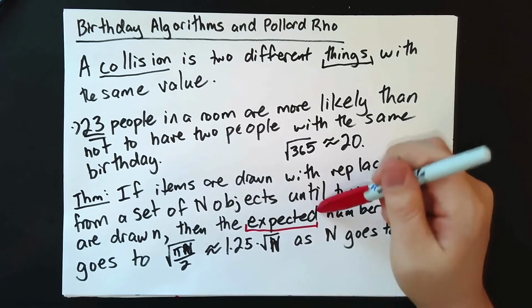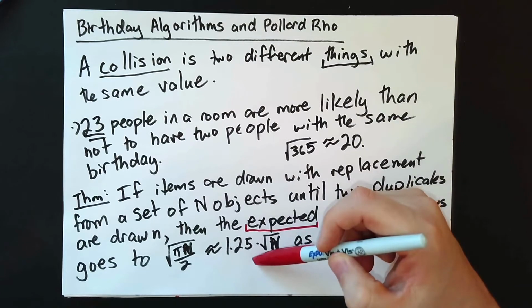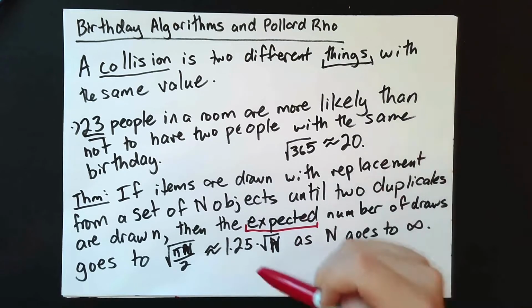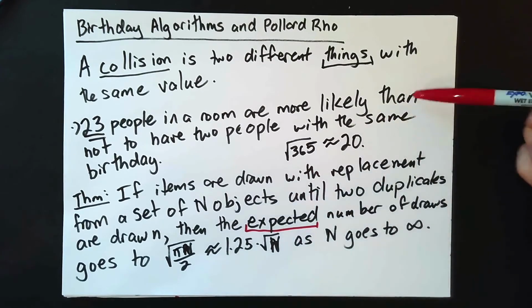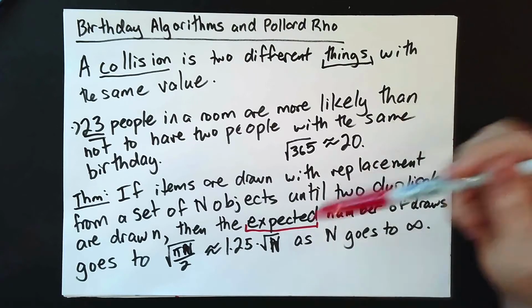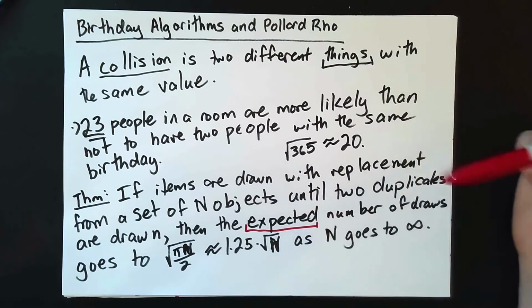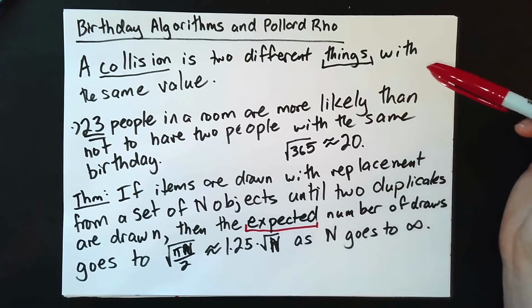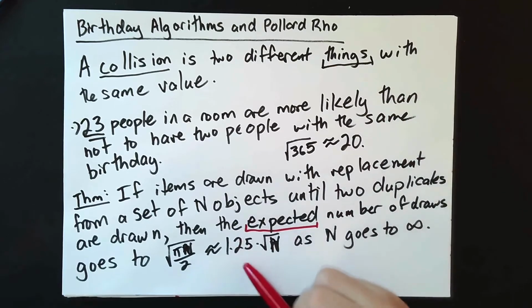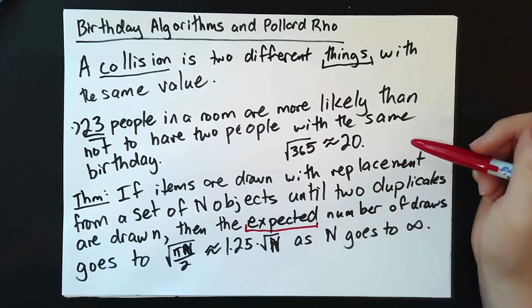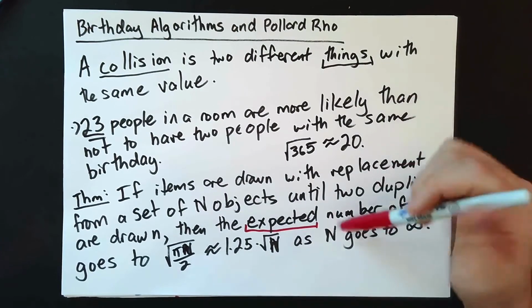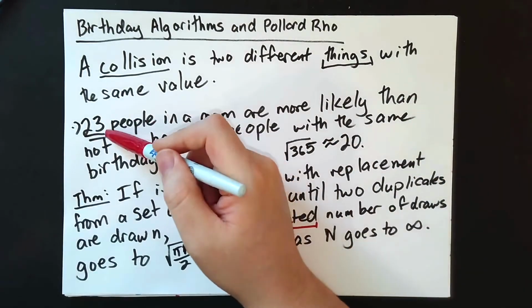What you're saying is on average, it should be close to this. This is slightly different than the break-even point that's being defined up here. The break-even point is really a median, whereas this is a mean. But for this distribution, those things are close together, and if you count 1.25 times the square root of 365, you in fact get a number that's just a hair bigger than 23, so you end up really rather close to this 23 number.